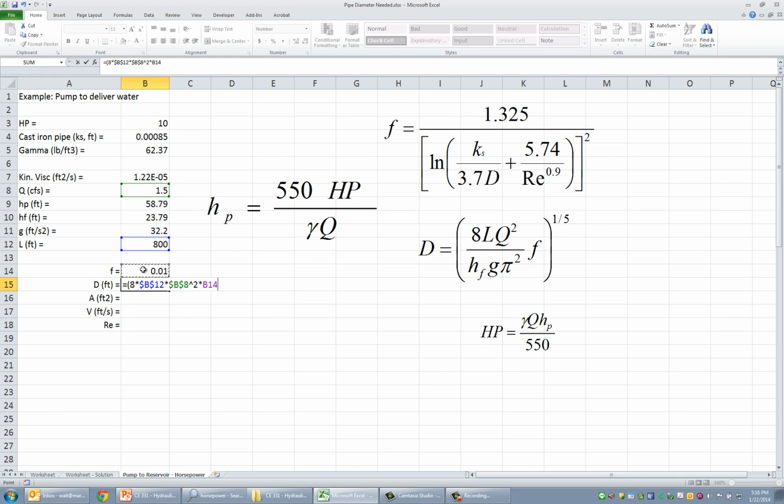I'm not going to anchor f because I'd like to copy and paste this formula for use later on since I have to iterate. The f is going to be changing from step to step. Divided by, now I'm going to use that thing where I just divide by a bunch of times instead of putting in parentheses. Divide by h sub f, divide by g, divide by pi squared.